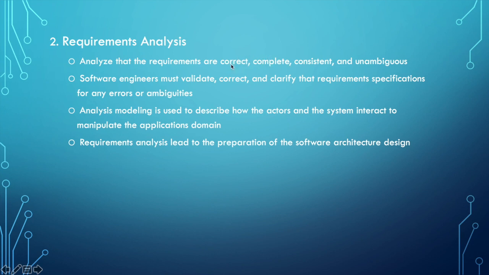Are the requirements correct? Did you interpret the requirements correctly? Are the requirements complete? Did you miss anything? Are the requirements consistent with what the client really needs? And are they unambiguous?